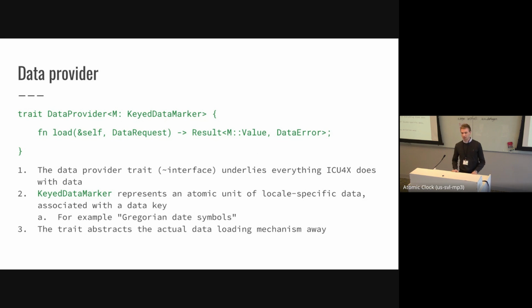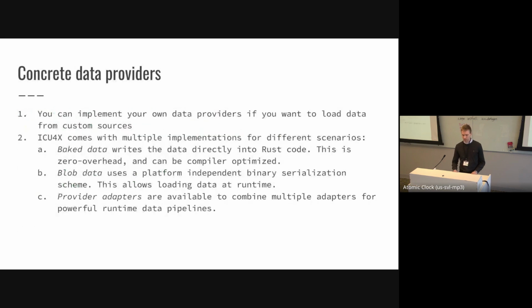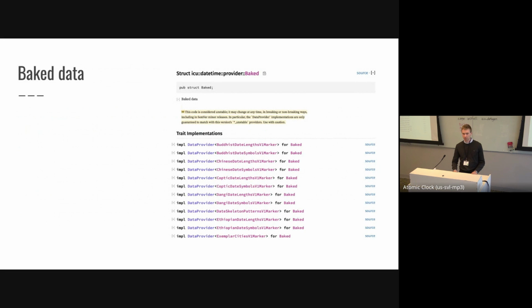One question, one comment. When you said you had baked data, and let's say I choose to have 70 locales, do you bake all 70 into the code and that's all loaded in memory? Yes. There's the baked data that ships with ICU4X, which is hundreds of locales, everything that's basic or above.